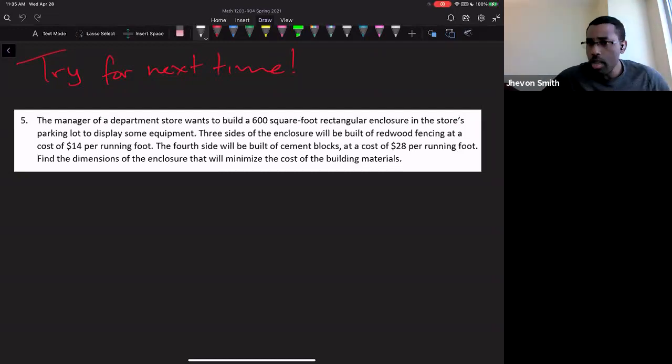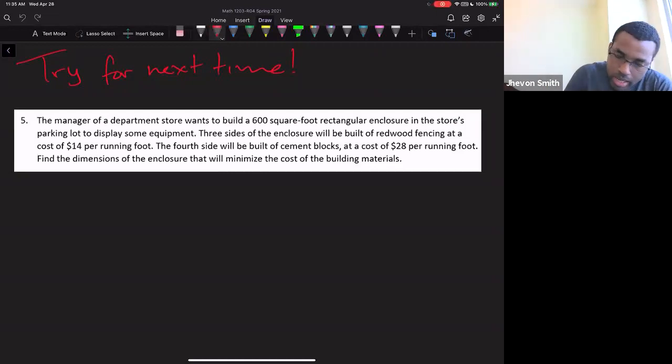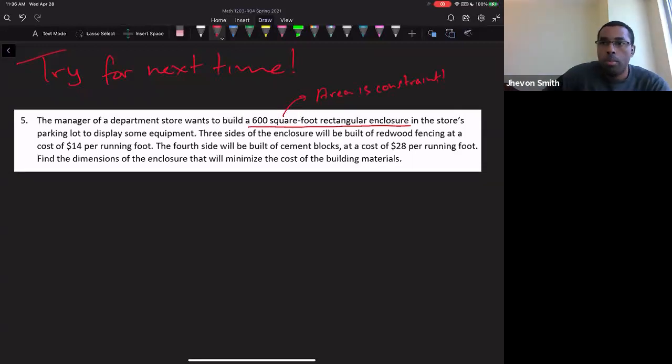Okay, so this guy wants to build a rectangular enclosure. He needs to hold 600 square feet of area, so that's right there. Area is the constraint. It's the thing that's given, not the thing we can choose.